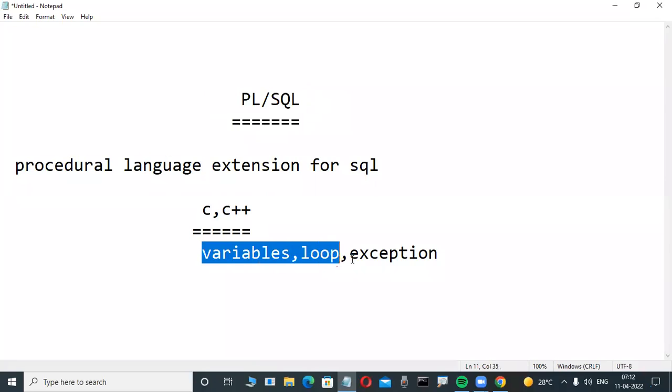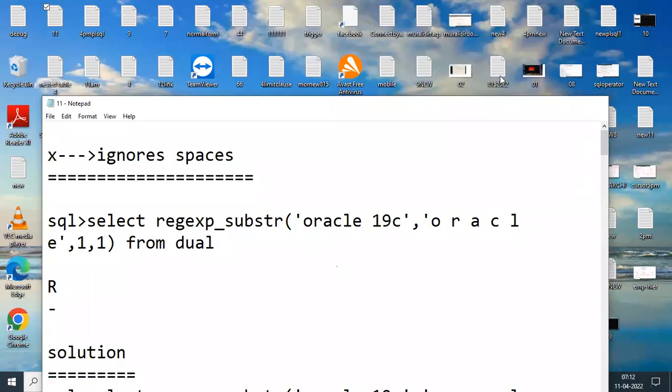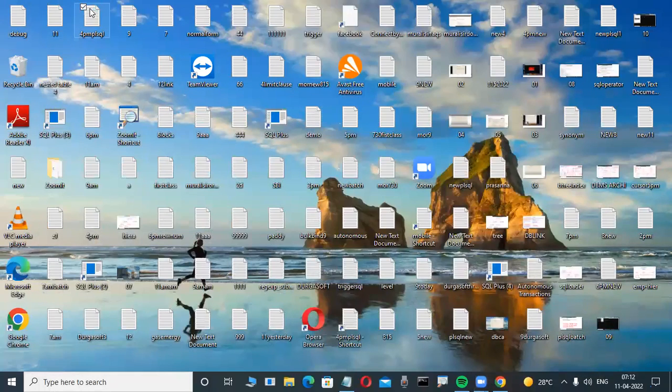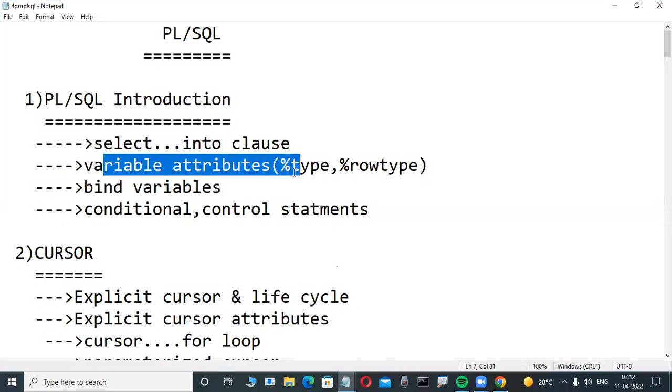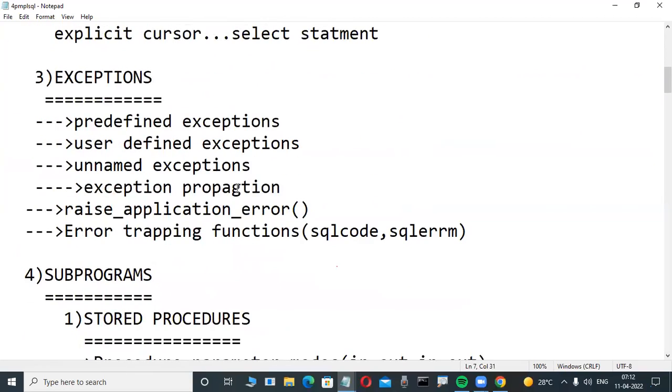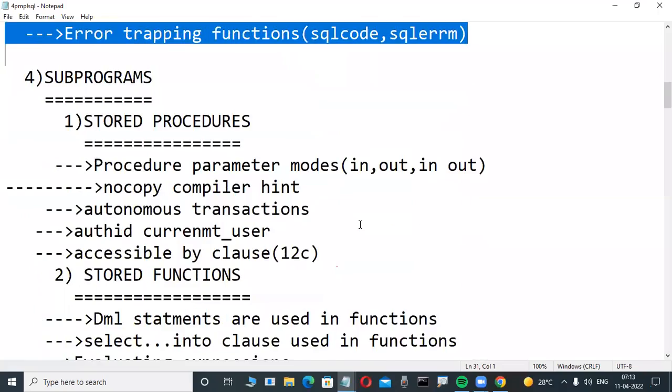Once we start our course, observe here, some variables are there. Here exception handling is there, like in front-end languages: try, catch, throw, finally. We handle errors in a different way.